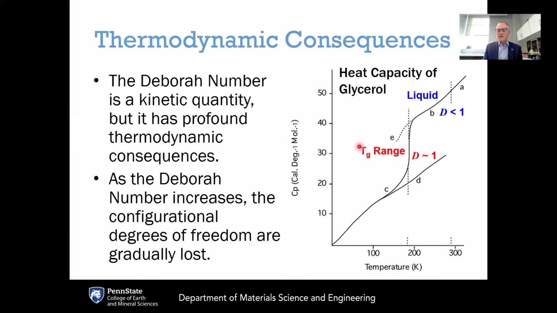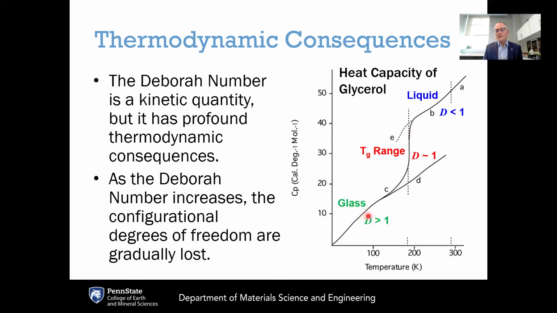And so as a result, there is a loss of heat capacity. The heat capacity of the liquid drops down as it is cooled through the glass transition because the configurational degrees of freedom of the liquid are being lost. This liquid is gradually being frozen into a subset of configurations. As that happens, the configurational contributions to thermodynamic properties like heat capacity are lost. And as the system continues to cool, the Deborah number becomes greater than 1.